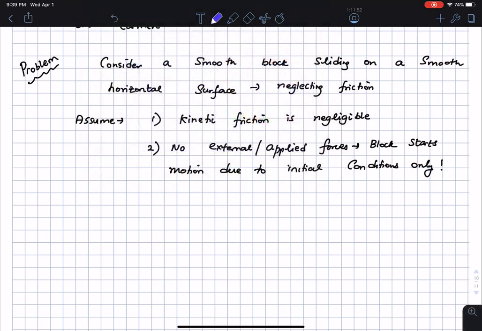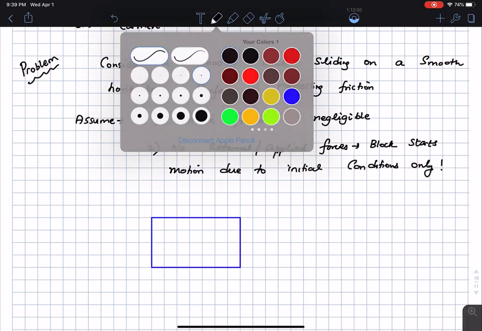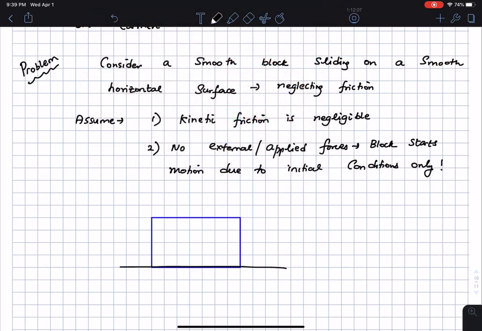Here is the block, on a smooth horizontal ground. I'm going to draw the ground in a minute. Okay, so here is the ground. And I'm going to say that this is the center of the block. I'm going to set up a coordinate frame, so let me pull that a little to the side here.